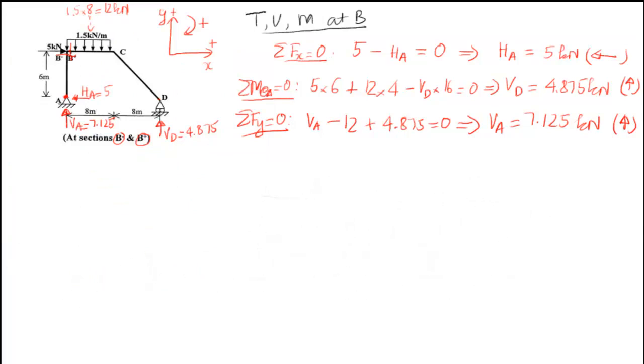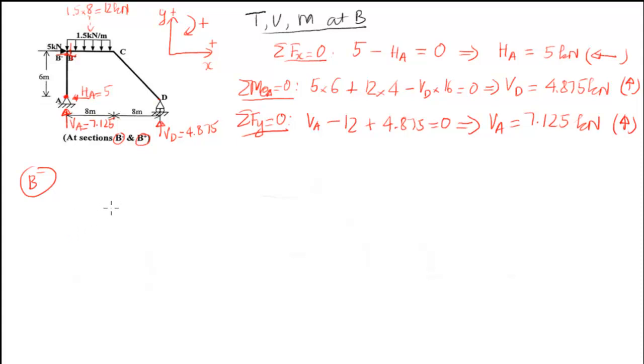Now you know that we're gonna make two cuts. Now I do the first cut here, B negative, okay. So B negative gonna be from point B here to point A. So this is your cut section.